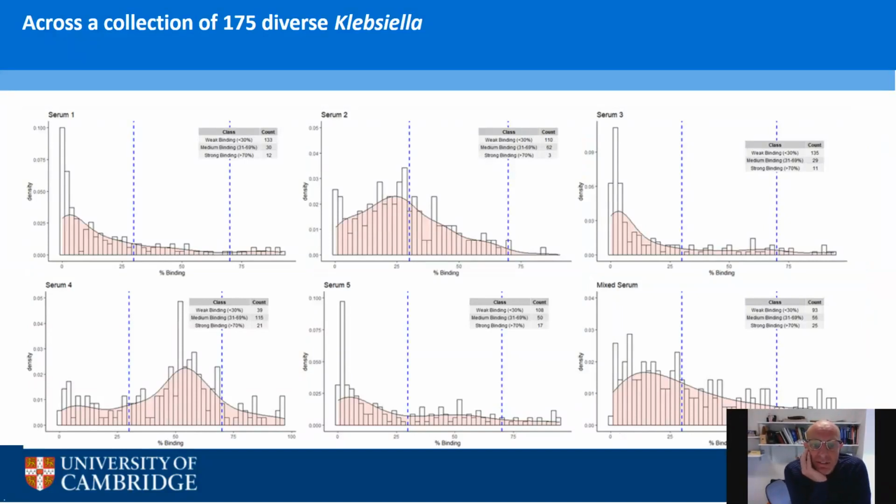So these are our 6 sera. These are 175 different organisms, looking at the binding patterns generated on the Opera Phenix. And we can clearly see, as I alluded to before, the proportion of binding across the bottom, that our serum number 4, from our OMV number 4, shows the most cross-reactive binding, with the median over 50% of those organisms showing strong binding within an experiment.